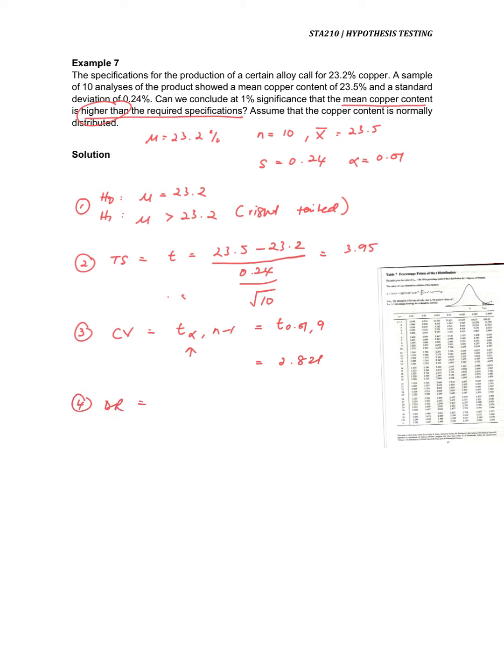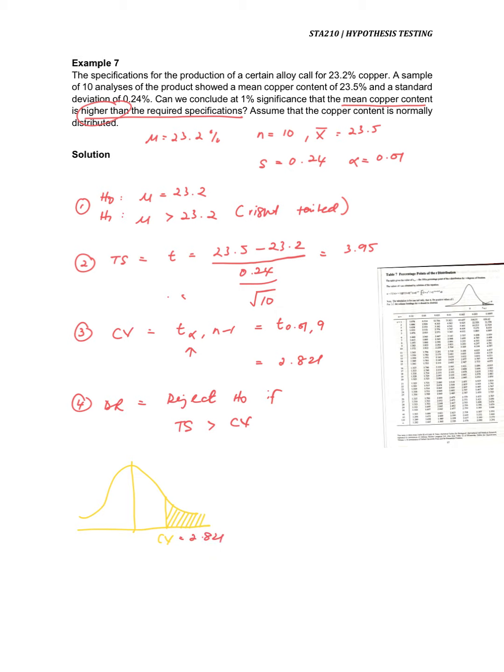So our decision rule is reject H naught if test statistic greater than the critical value. Kalau kita lukis our T, kebanyakan sebelah kanan lah. So this one is our rejection region. This is where the critical value is located. So our critical value is 2.821.